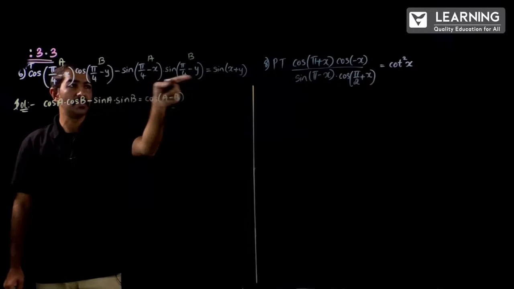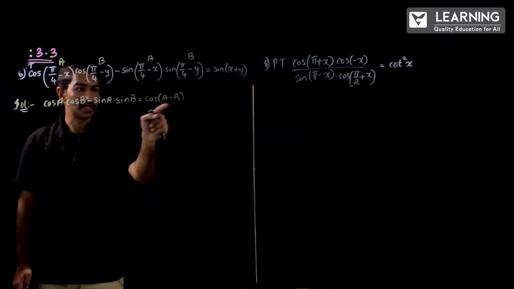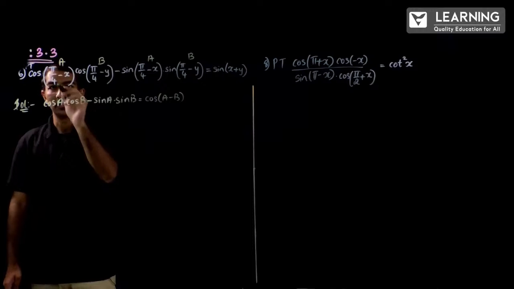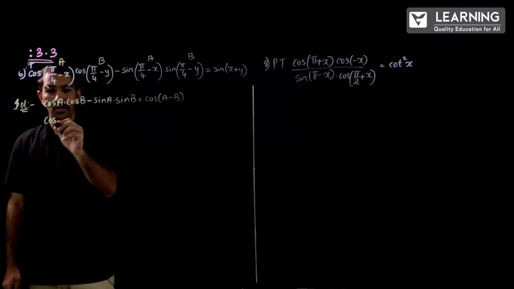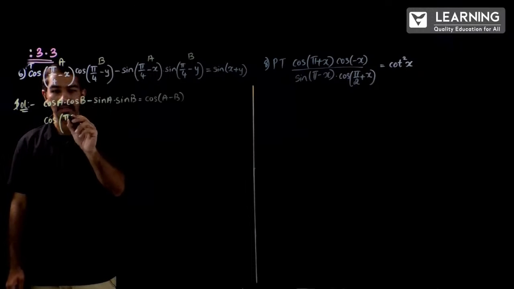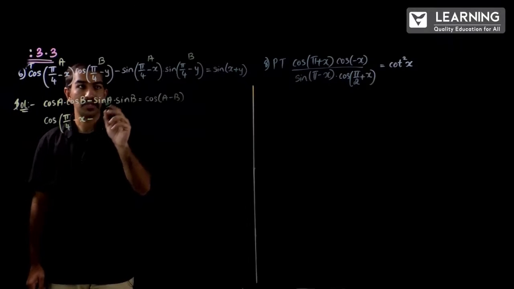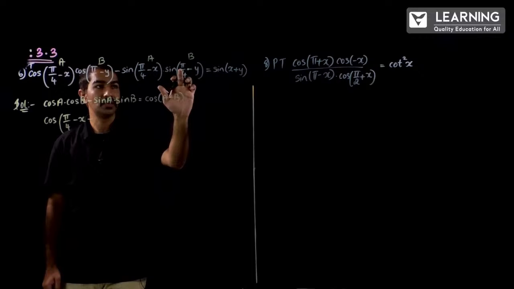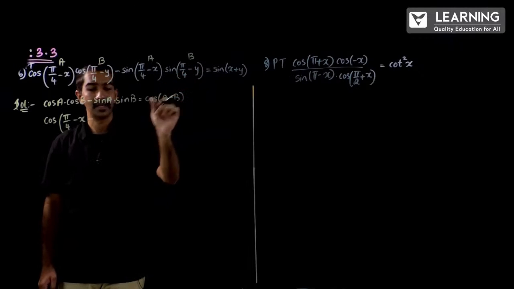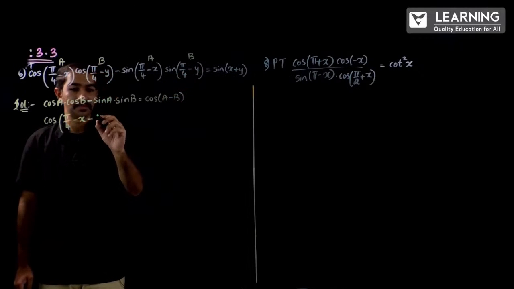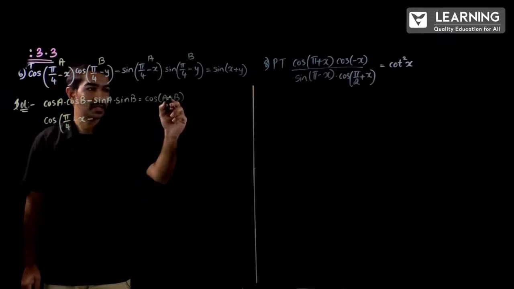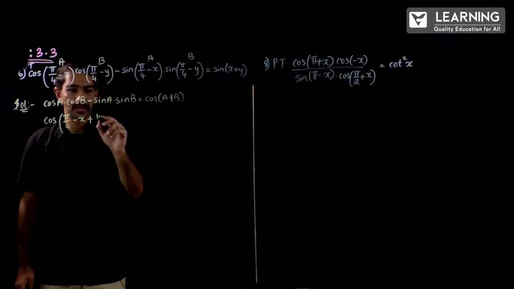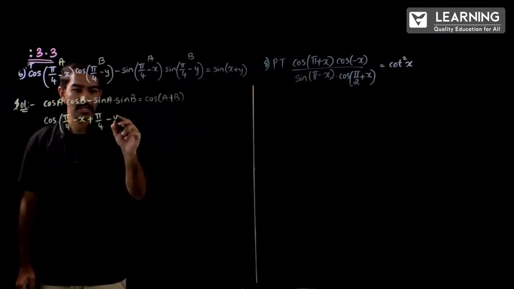So we will rewrite the given thing by using this identity. So this can be written as cos of a plus b. What is a, students? Pi by 4 minus x, plus, what is b? Pi by 4 minus y.